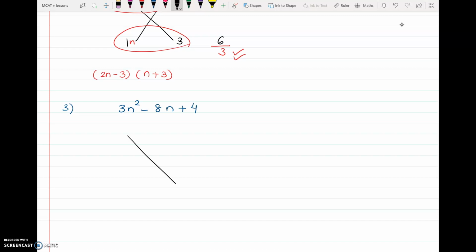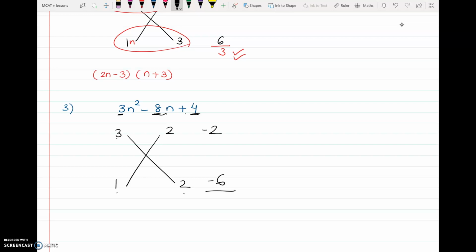Again, draw a cross. On the left hand side, you write the multiples of 3, which are 3 and 1. On the right hand side, write the multiples of 4. This time I'll just write 2 and 2 and see if it works. 3 times 2 is 6, 1 times 2 is 2. Now I have to look for the negative sign because the middle term is negative and the last term is positive, which means both of my factors are going to be negative.